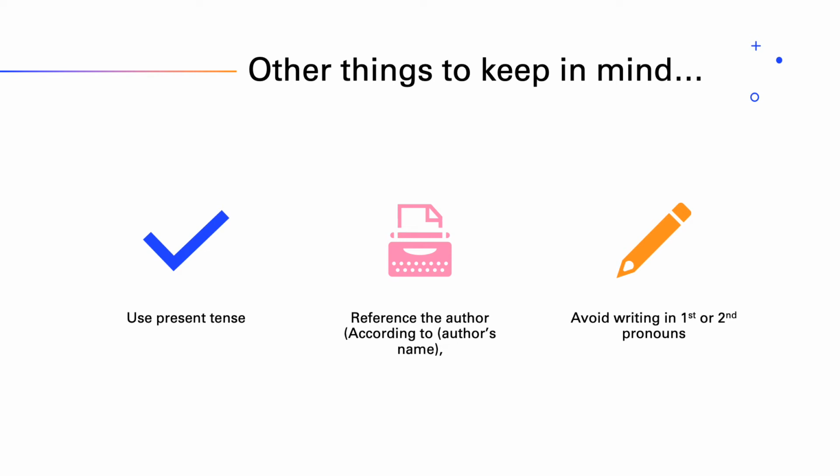So typically we refer to authors by their last name, and avoid writing in first or second pronouns. So what I don't want to see is a bunch of he said this, he did this, he mentioned this. You're going to be kind of switching back and forth with using the author's last name and using those pronouns like he or she. You'll see this example in the sample that is coming up.